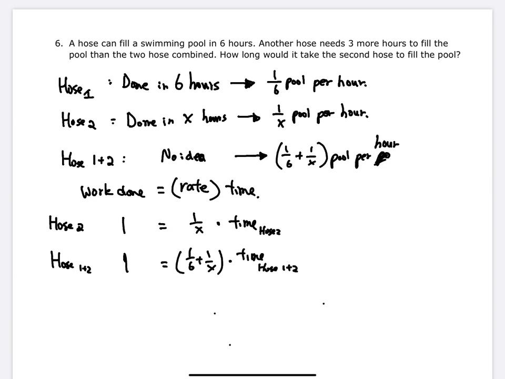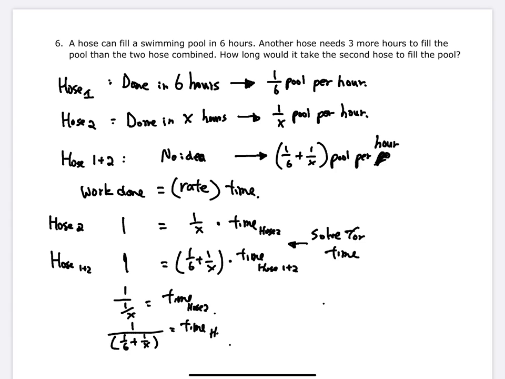Okay, so how's that going to help us? If you solve for time on both of these, you get 1/(1/X) equal time for hose 2, and you get 1/(1/6 plus 1/X) equal time for hose 1 and 2.